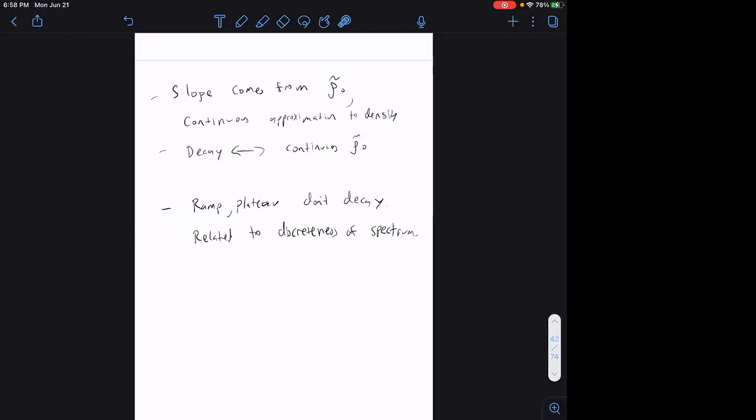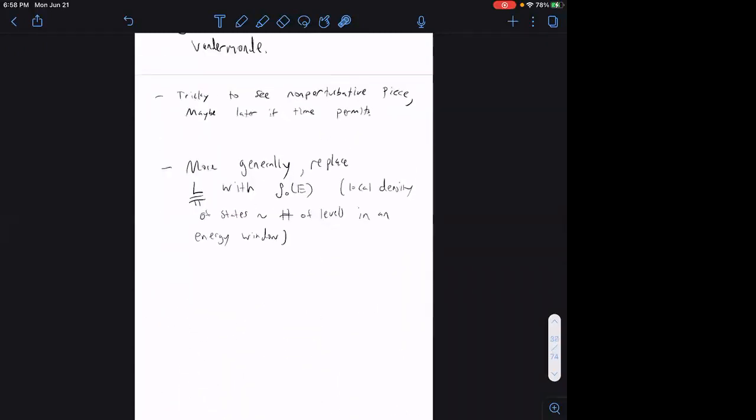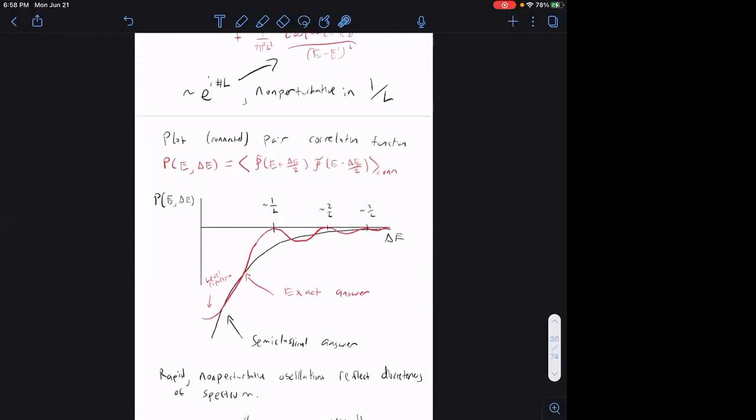Oh, yeah, sorry. My answer for the Wigner surmise is I'm not sure. But I can answer a related question, which is the large delta E behavior of this sine kernel. The Wigner surmise is the small delta E part of this that only applies for nearest neighbor energies.